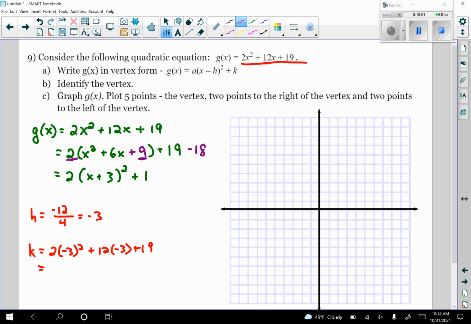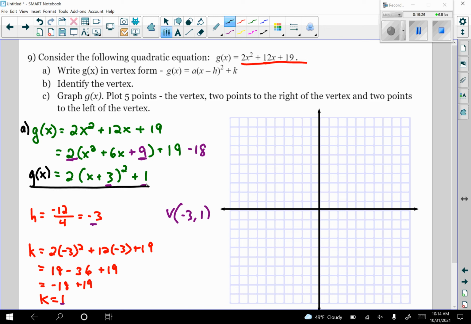So this will give us 9 times 2 is 18 minus 36 plus 19. 18 minus 36 is a -18 plus 19, so k is 1. So no matter how I look at this, my vertex here is going to be a -3, 1, and that's what I got here, -3, 1. So this answers part A. Say g of x is going to equal this. This is vertex form. This is part B.